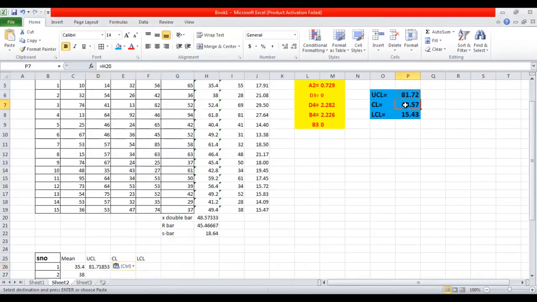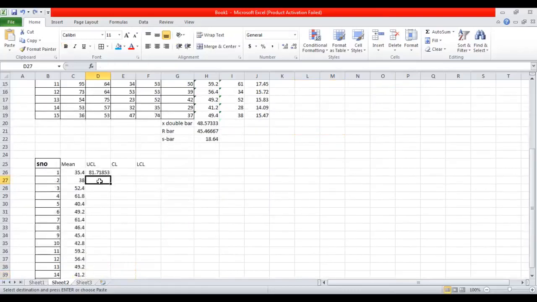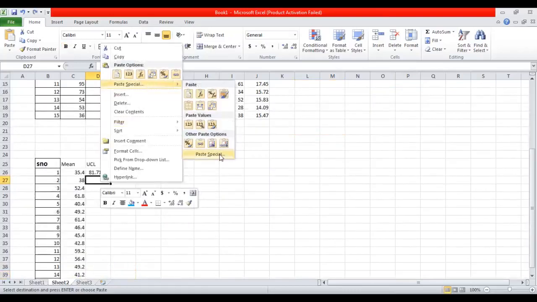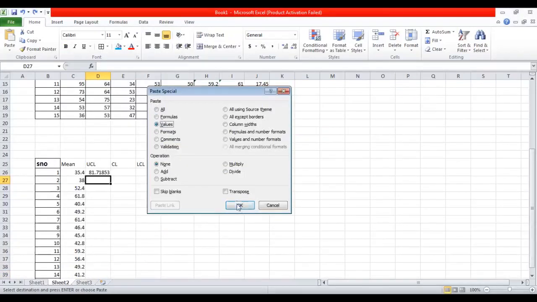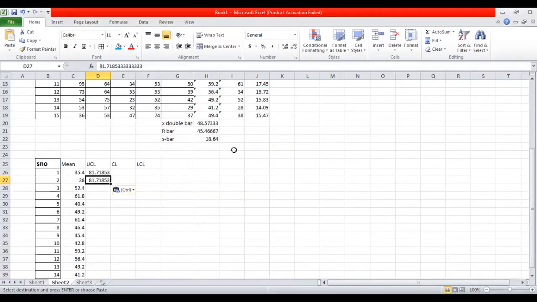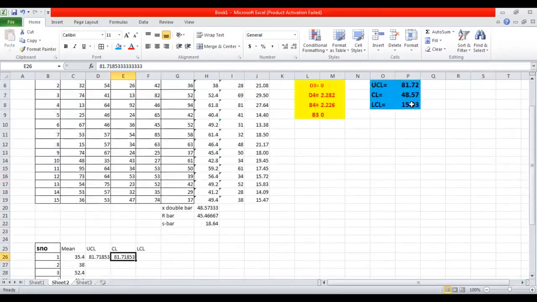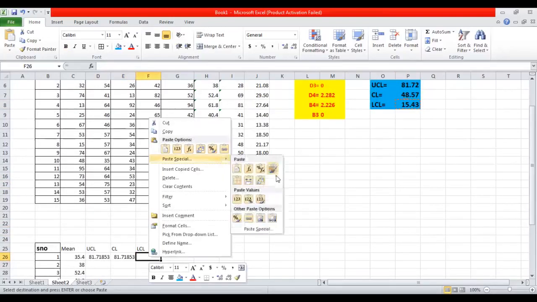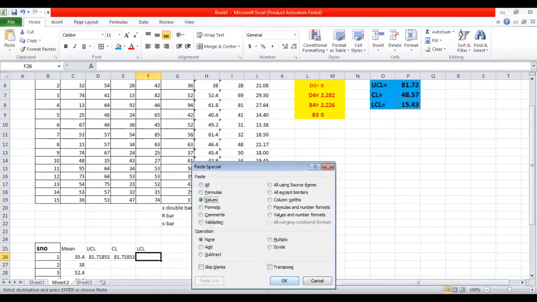Next, CL value, Control C. I'll paste the CL value. Next, I'm going to paste the LCL value. Control C, paste special, and I'm going to paste the values.